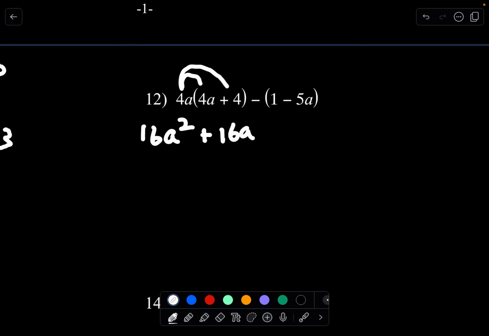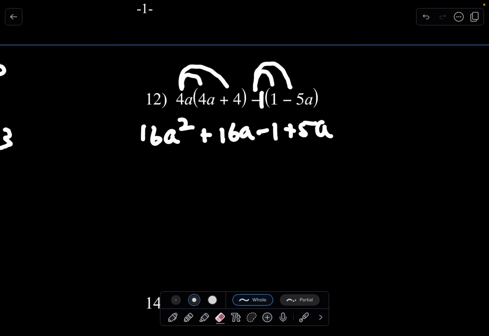Now, think of this as a negative 1 times the parentheses. That might remind you that you have to distribute the negative sign, the negative 1. Negative 1 times 1 is negative 1. Negative 1 times negative 5a is a positive 5a. Now, another way of looking at it is I always say when you subtract, you add the opposite.